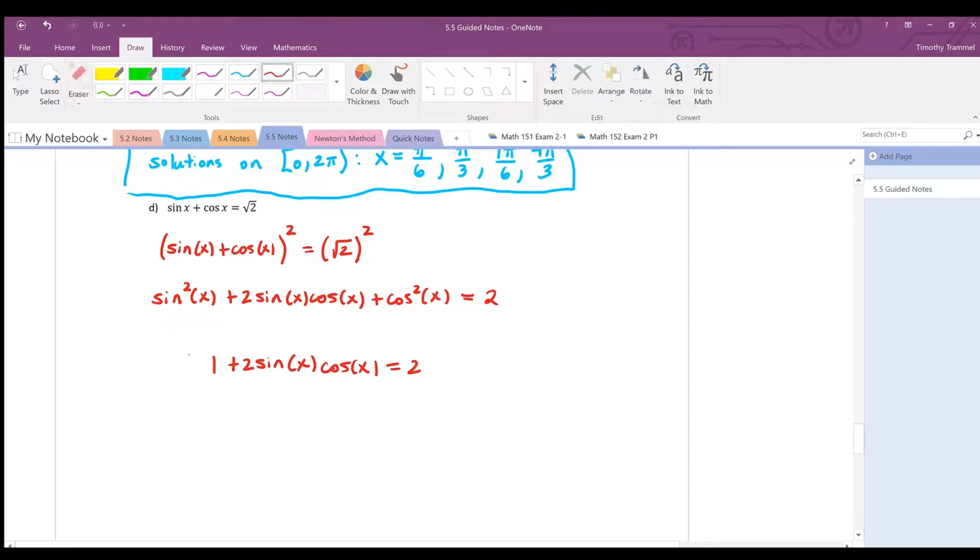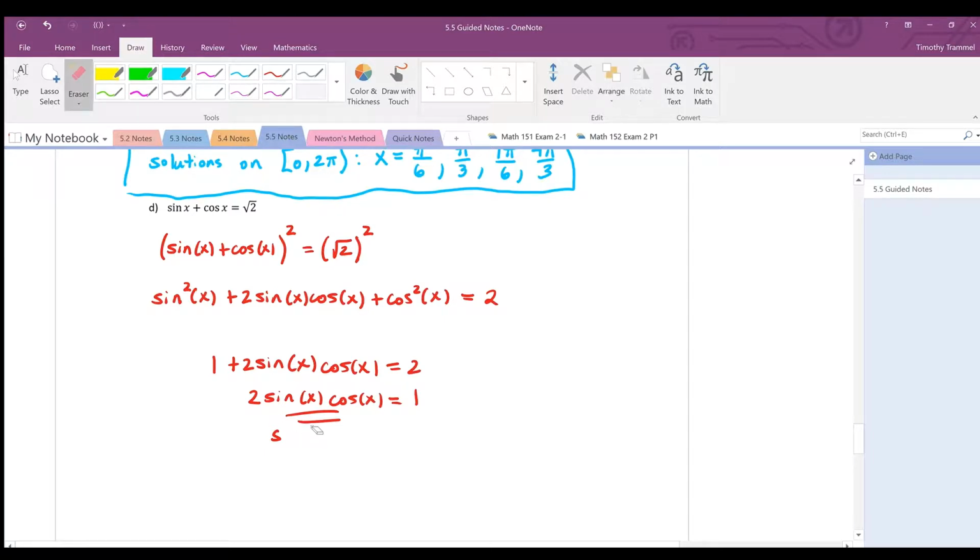And from here we could subtract 1 on each side. That gives us 2 sine of x cosine of x is equal to 1, because 2 minus 1 is 1. Then we could divide by 2, but we'd still have a product of trig functions.